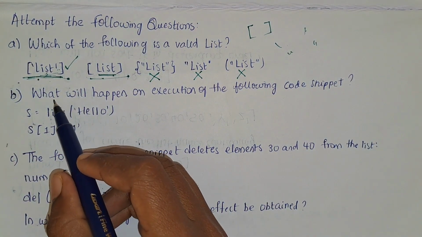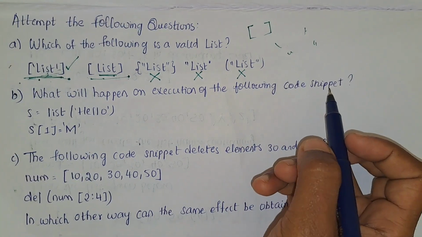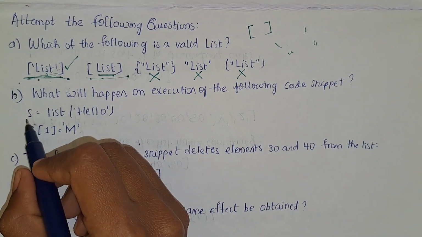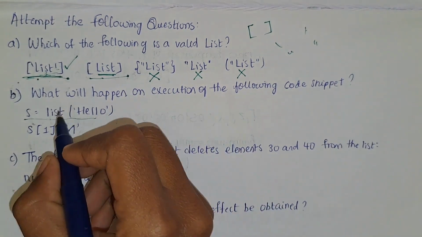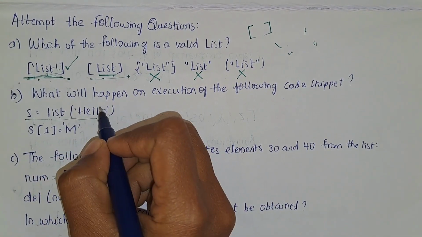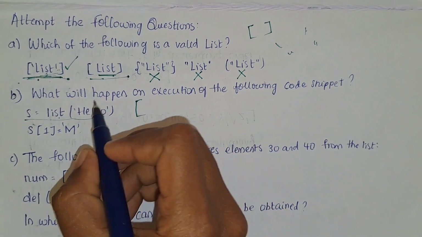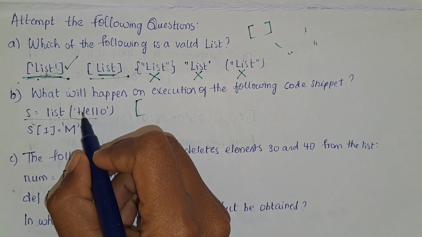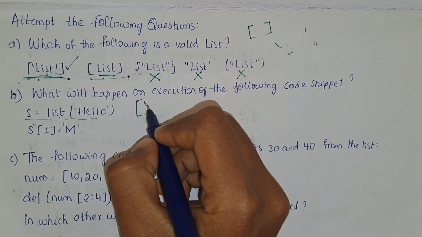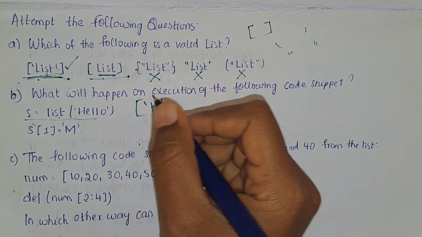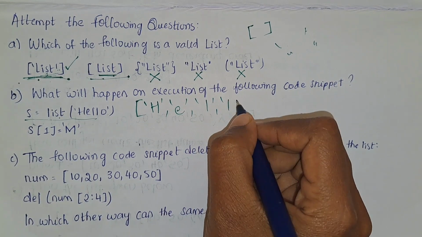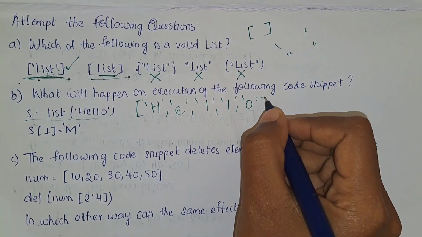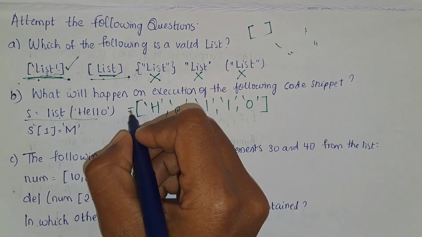Next, what will happen on the execution of the following code snippet? If you take list of string "hello", this string will be converted into a list. Every item will be a character of the given string: H is one item, next E is one item, next L, and so on. Every character will be an item of the list s.